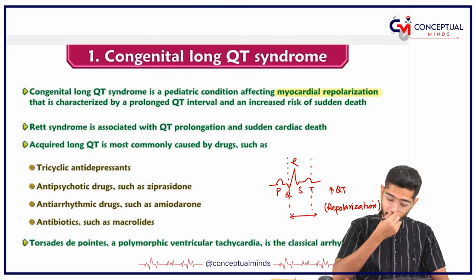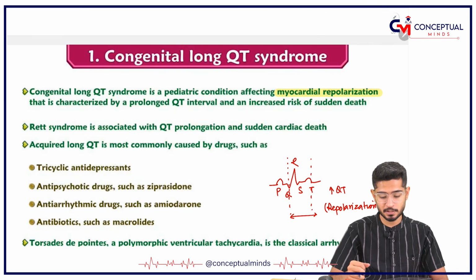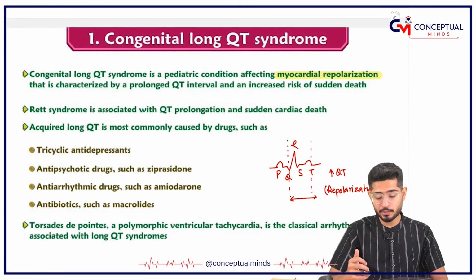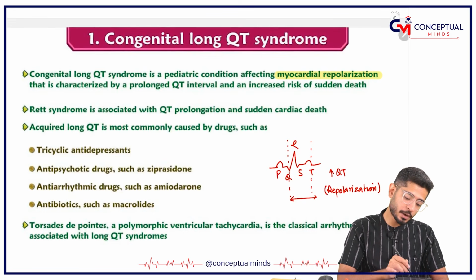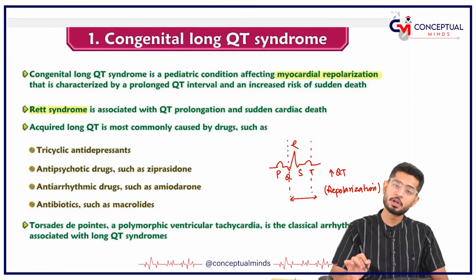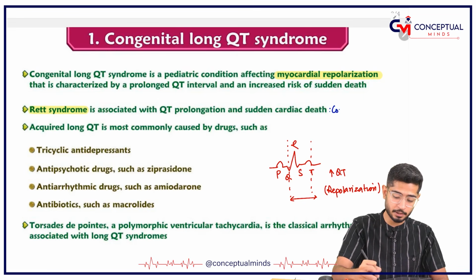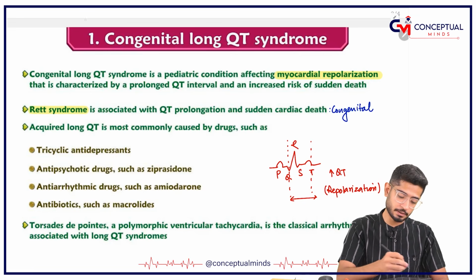So congenital long QT syndrome is a pediatric condition which is affecting myocardial repolarization. What are the syndromes associated with it? One is the Romano-Ward syndrome, which is a congenital cause of prolonged QT interval.